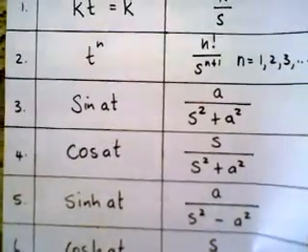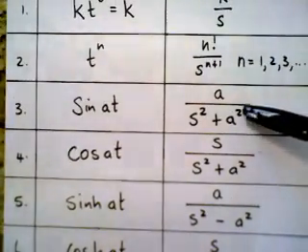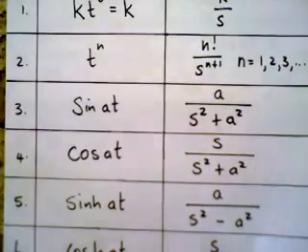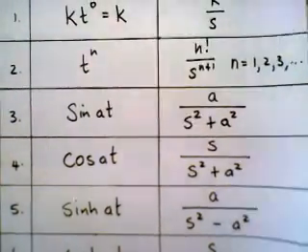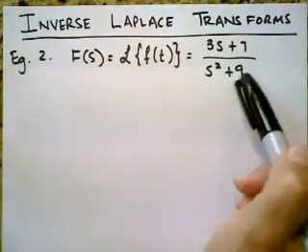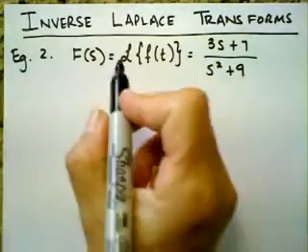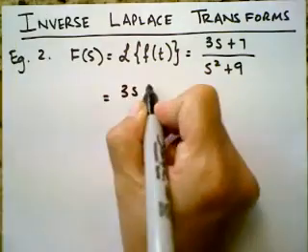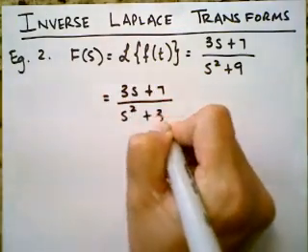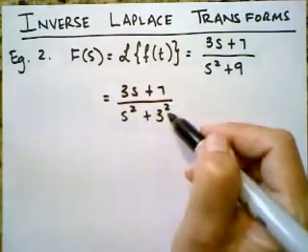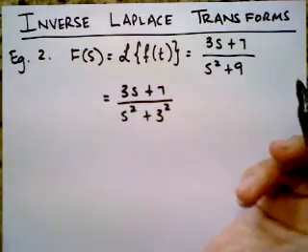So you're limited to either number 3 or number 4, and you'll see you've got s squared plus a squared. Your function can then be written as 3s plus 7 over s squared plus 3 squared, because 9 is the same thing as 3 squared.